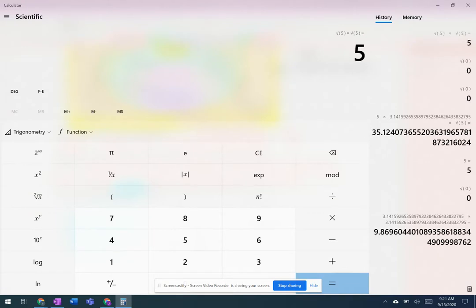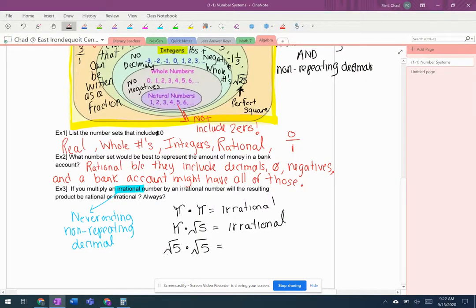Enter. Boom. Look at that. The square root of 5 times the square root of 5 gave me 5 back, which might seem weird at first. But if you think about it, the square root of 5 times the square root of 5 is just the square root of 5 times 5, which is 25. If you go to your calculator and put the square root of 25 in, that would get you back to 5, which is a rational number.